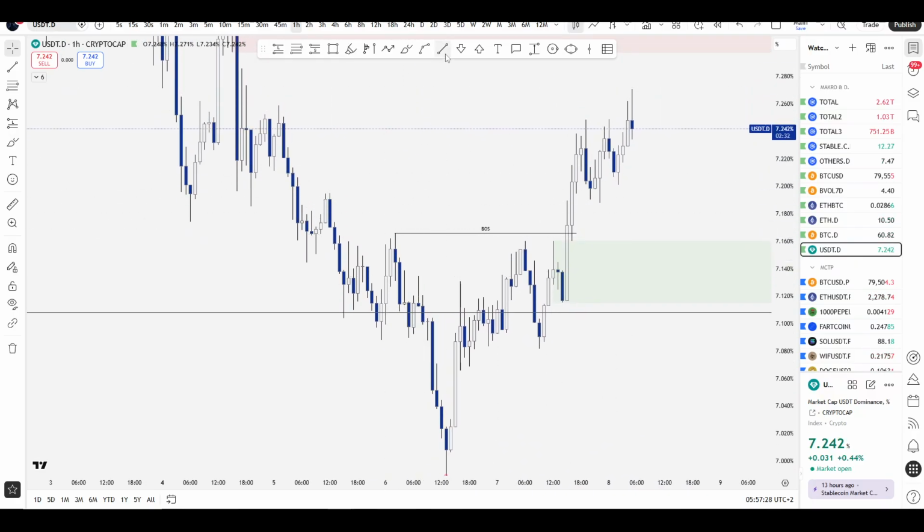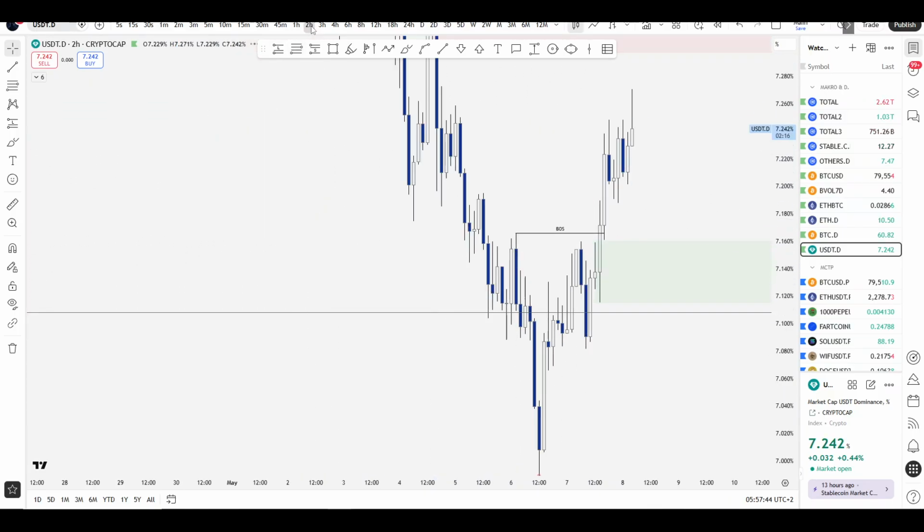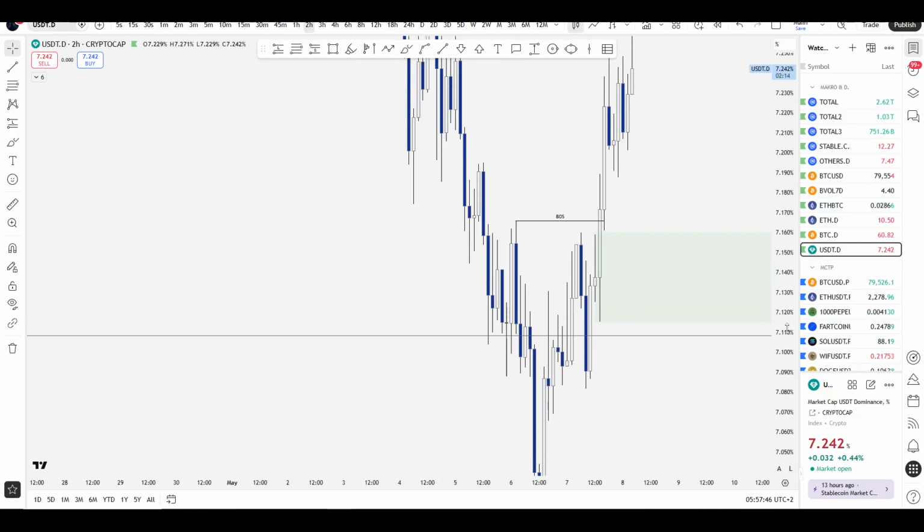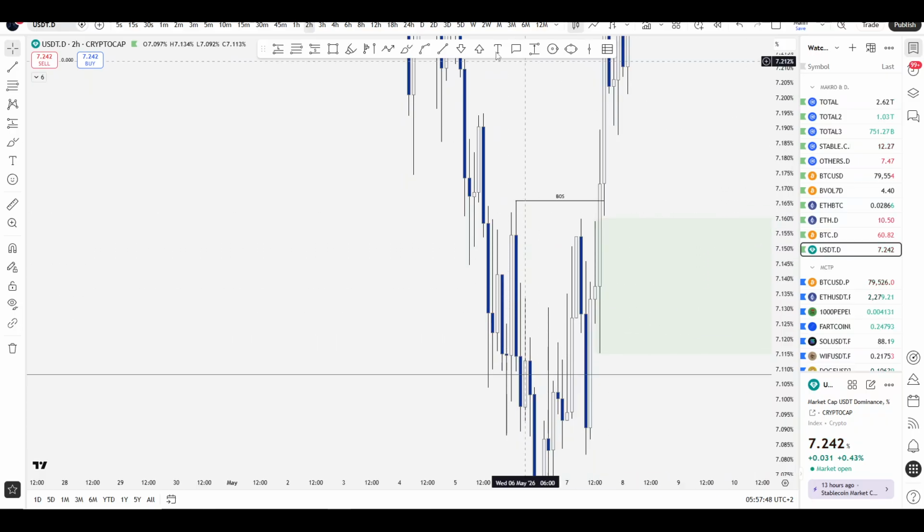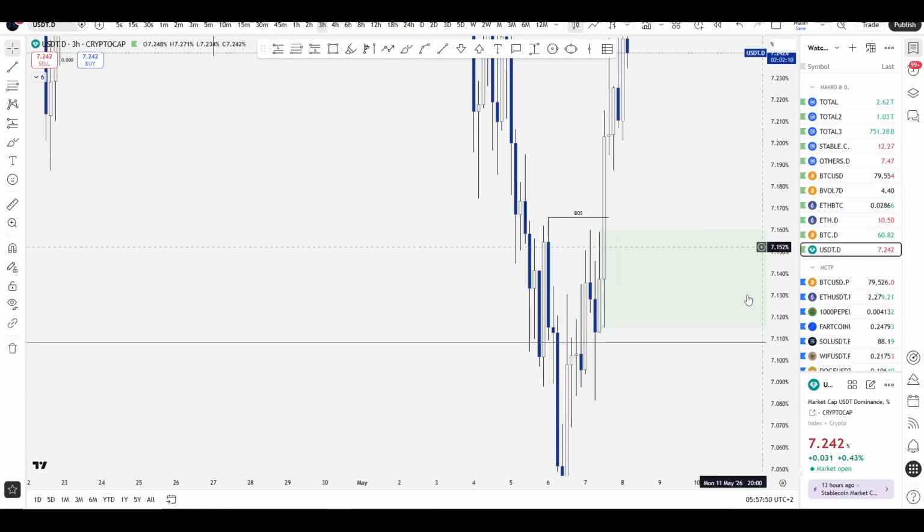I first pointed out this one, but I don't really like the follow through, and we went down, grabbed some liquidity from here and went up and left an order block here as structures demand. You can see it's only valid on the 2. This is a bearish candle, and on the 3 it's only 1 candle.